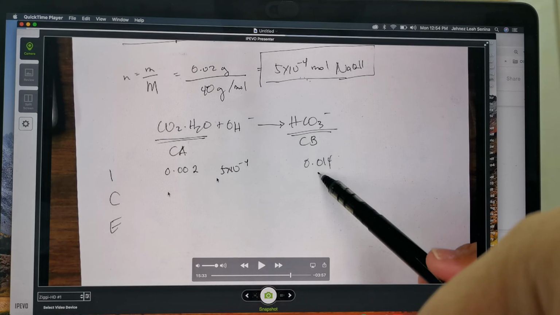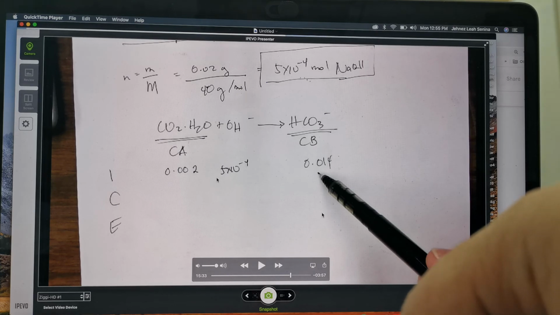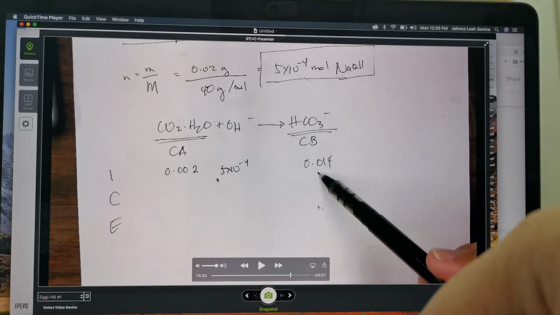So 0.002 minus 5 times 10 to the negative 4 is 0.0015. This one is 0. Then this one is 0.014 plus 5 times 10 to the negative 4, so it should give you 0.0145. Then you need the equilibrium mole of this, 0.0015.